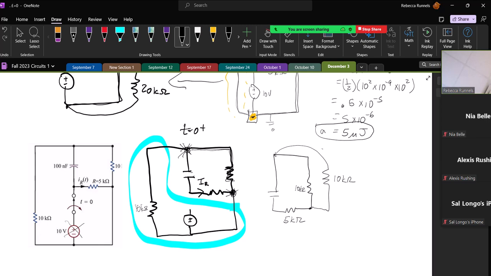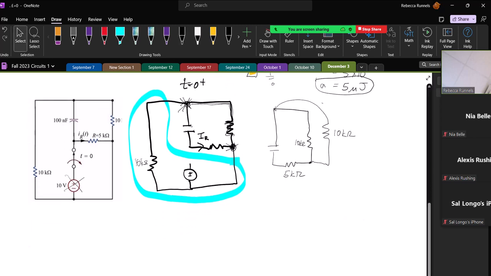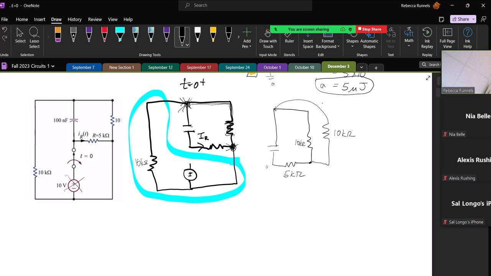Now this was t equals 0 plus. One thing we know has to be true is that the voltage across a capacitor at 0 plus has to equal the voltage across the capacitor at 0 minus. So this was 0 and 10 at 0 minus. It's going to be 0 and 10 at 0 plus.